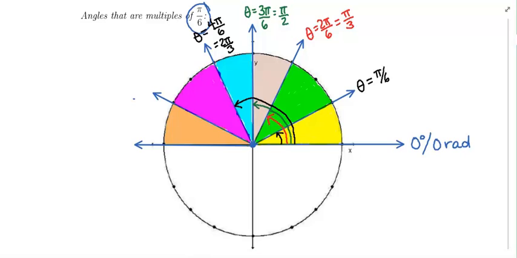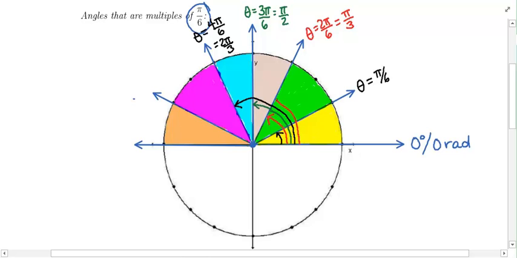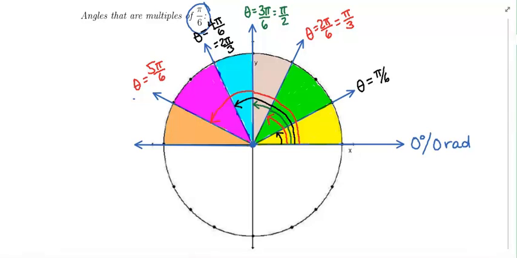Next angle, back to your initial side: pi over 6, 2 pi over 6, 3 pi over 6, 4 pi over 6, 5 pi over 6. So this angle with this terminal side is going to be 5 pi over 6. Then one more rotation to get to the full half circle.